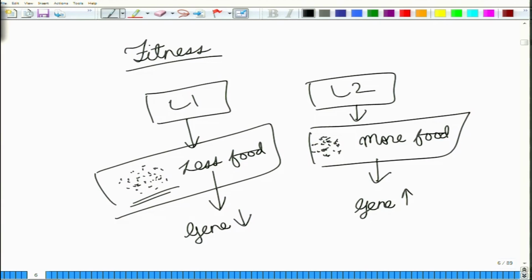Through generations, we will find a situation in which the L1 kind of genes are removed from generation to generation, and more L2 kinds of genes increase in the gene pool. So, there has to be some correspondence between the amount of food and the number of eggs that a particular organism or population is laying.